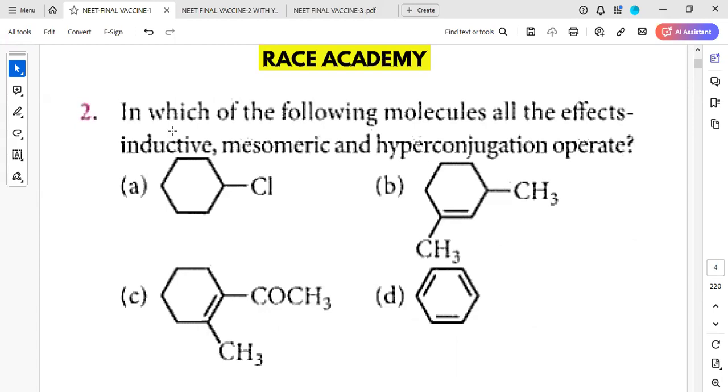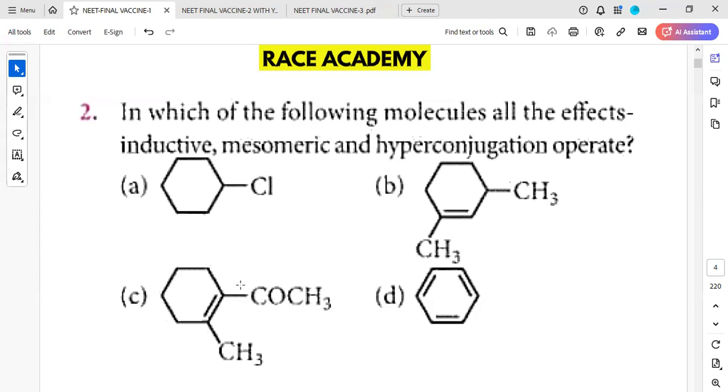Carefully observe. The question is: in which of the following molecules will the inductive effect, mesomeric effect and hyperconjugation all get operated? In the first option we have chlorobenzene, where inductive effect is possible. In the second option we have a double bond, although that is not going to get delocalization.